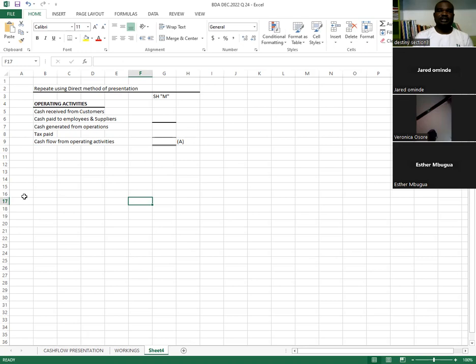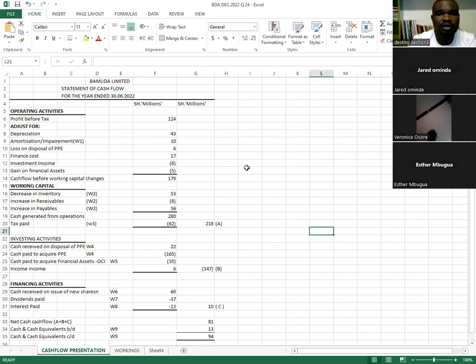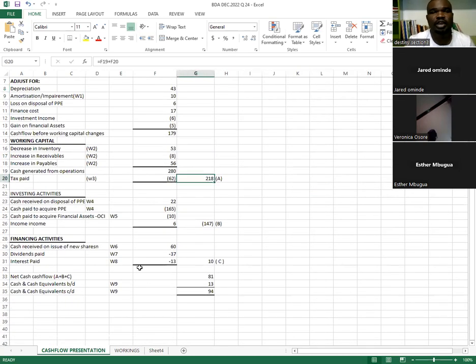The A we got yesterday should be the same. Because I'm still in the same worksheet of yesterday, what we did, we got 286. So in the other format, also you are supposed to get the 286. They should not vary. 218, yes, it was 218. So it should not vary.